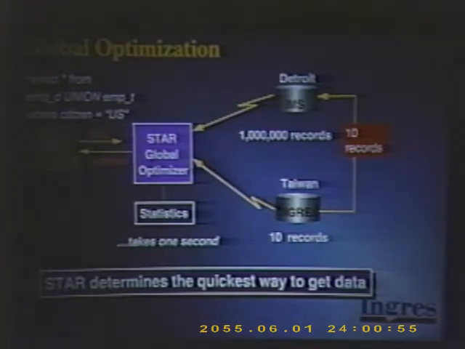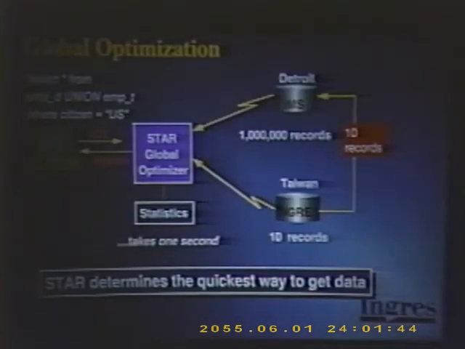Now, in this simple example, you may have employee databases in a large organization residing at each of the business units in that organization. So you might have an employees database in Taiwan. You might have an employees database in Detroit.